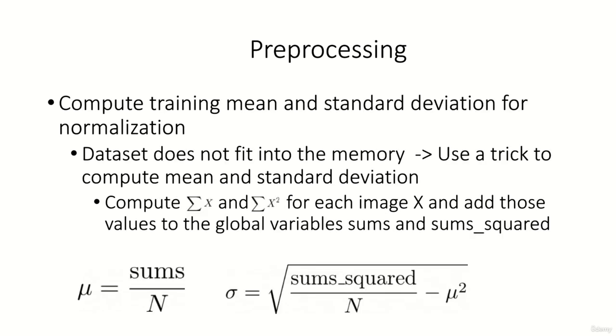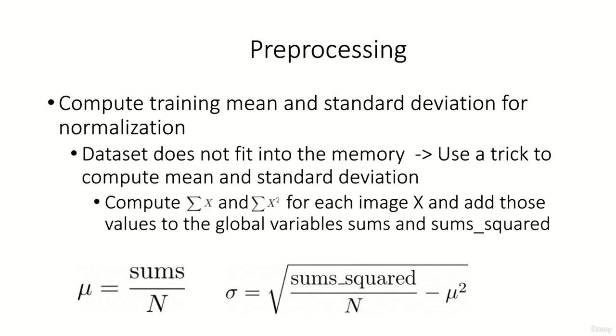Additionally, we compute mean and standard deviation of the training dataset for the purpose of normalization. However, the dataset is quite large and may not fit into the memory. Thus, we will use a little trick which allows us to still compute those 2 values. For each image in the dataset, we calculate the sum of the individual pixels as well as the sum of the squared pixels. Then we add those 2 sums to 2 global variables called sums and sums squared.